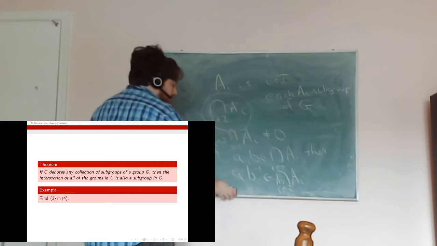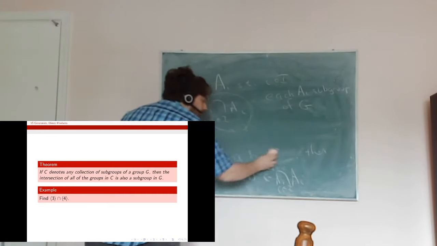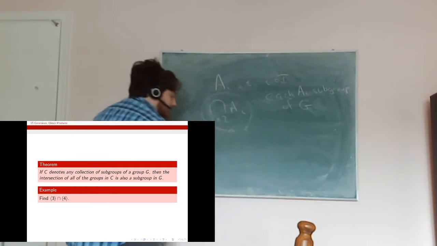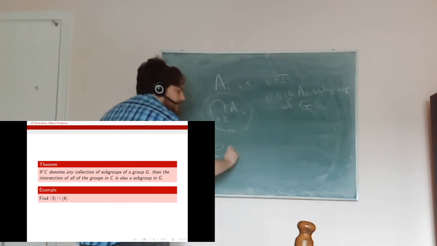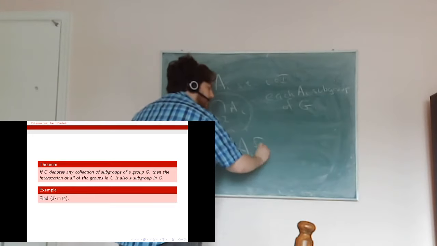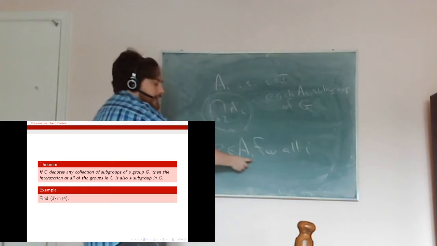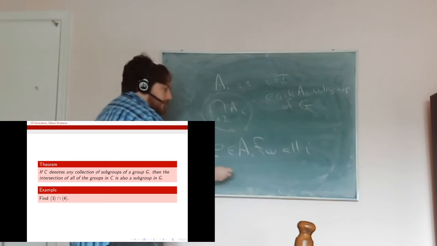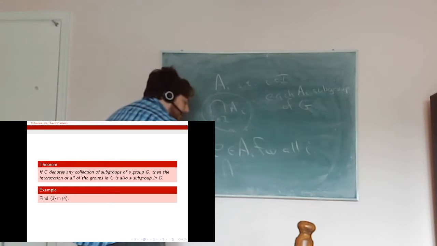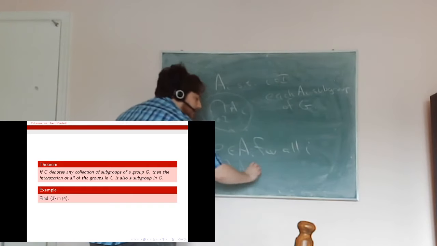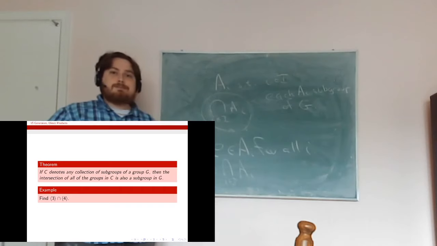So to write it out, we know that the identity in G is in A sub i for all i, because it's in any subgroup of G. Therefore, the identity is an element of the intersection of all the A sub i's.